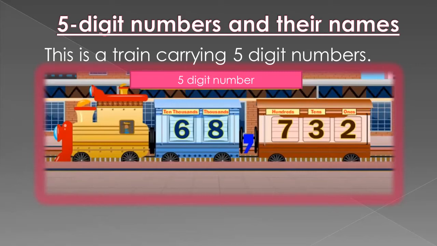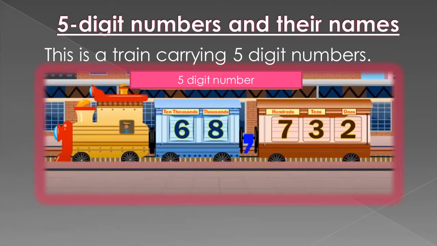Let's start. So students, this is a train carrying 5-digit number coaches. The last coach has 3 windows for ones, tens and hundreds. Numbers in these coaches travel together.